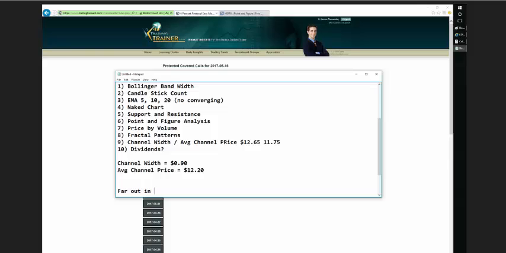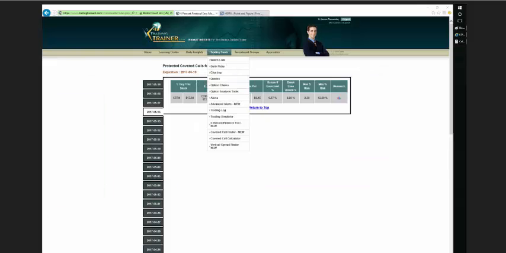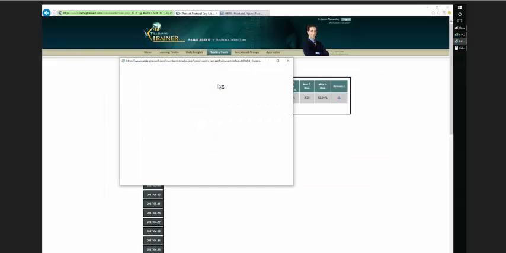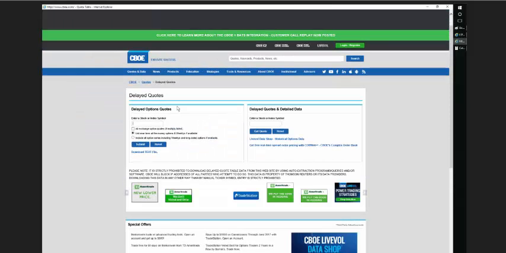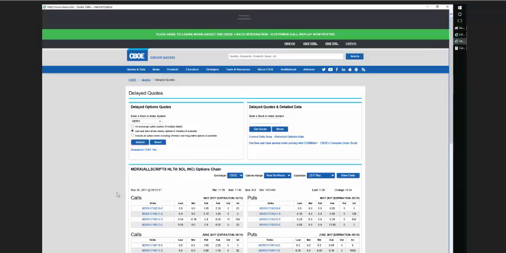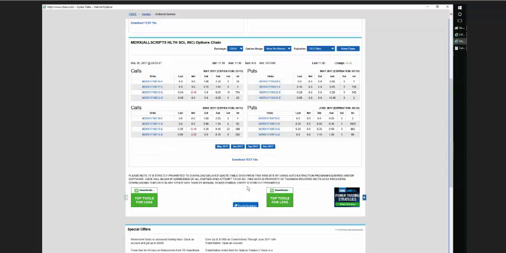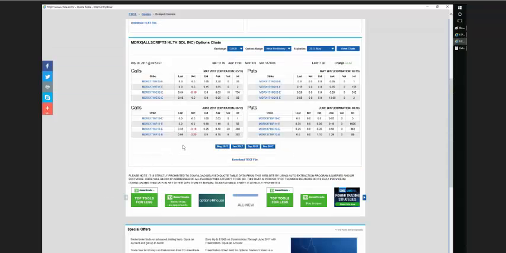Far out in time, deep, I better put a comma in there, deep in the money option. So for instance, on MDRX, if I pull up my option chain from the CBOE, let's go ahead and see how far out they go.